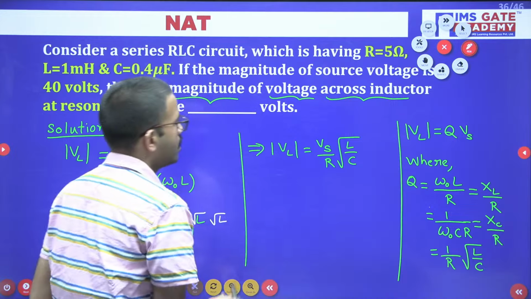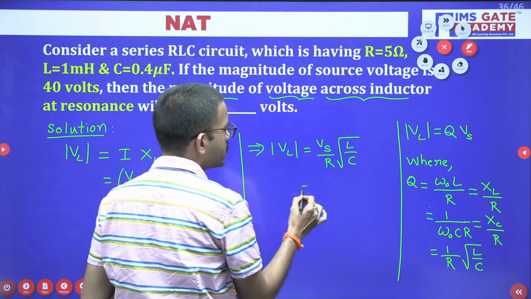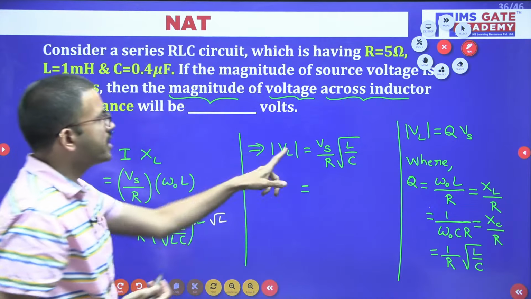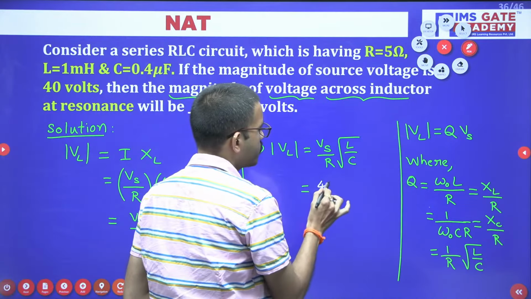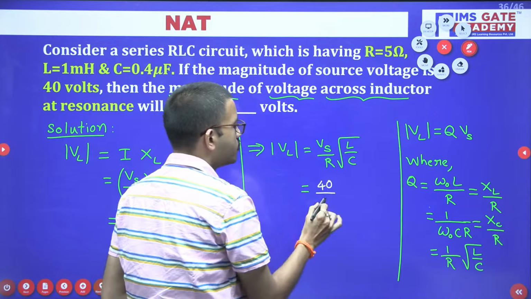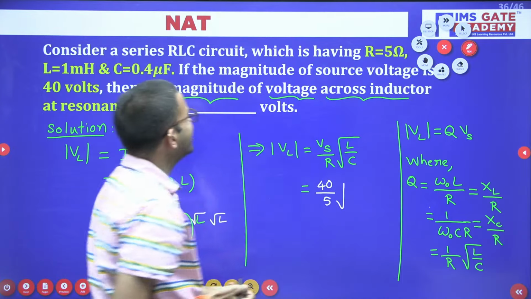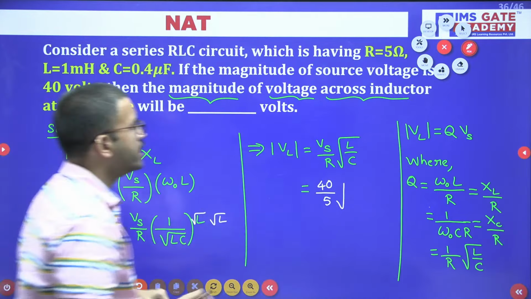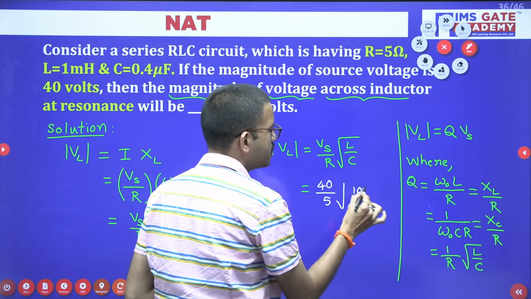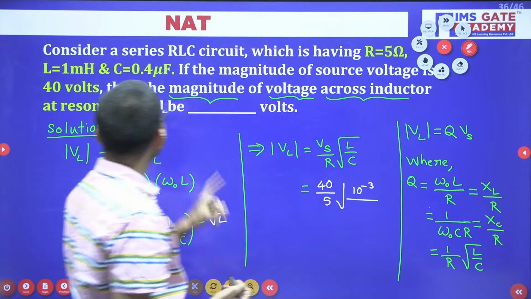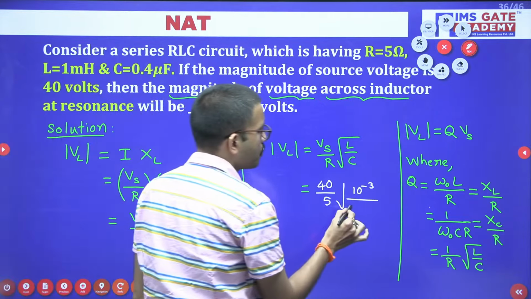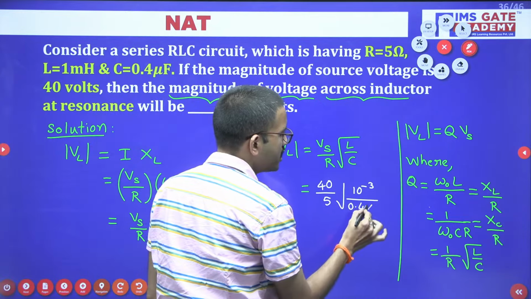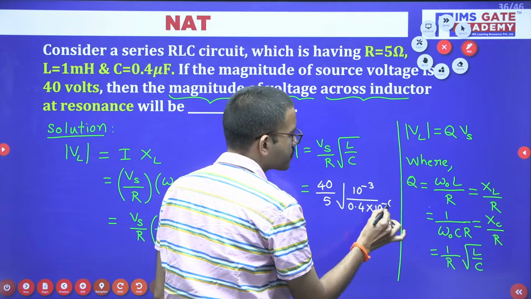Okay, right. Now you can substitute all the values that they have given on the right hand side. Regarding Vs, 40; regarding the resistor value, 5; regarding the inductor L value, 1 millihenry, that is nothing but 10 power minus 3; and the capacitor value, 0.4 microfarad. 0.4 micro is nothing but 10 power minus 6.